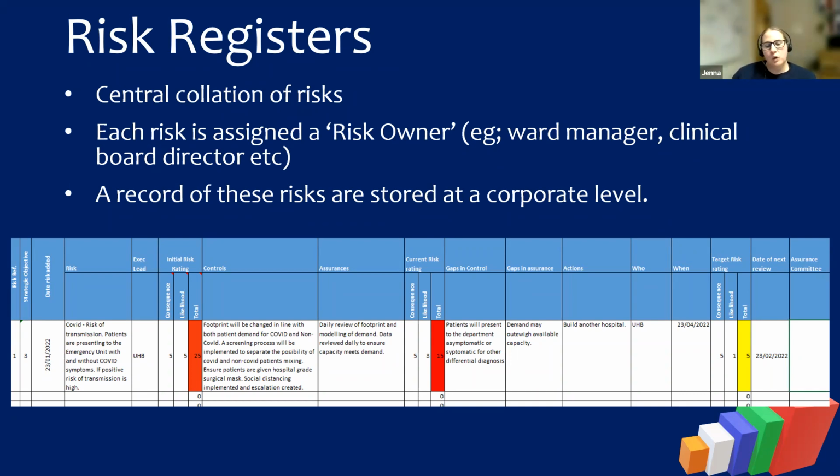If we get to a point where the current risk rating is the same as the target risk, and you're happy that we've either eliminated that risk or we've gotten to a point where we're willing to accept it, so we've met that appetite, then if you want to remove something from the risk register, it's not actually removed.